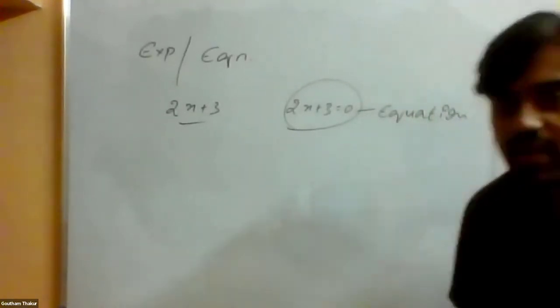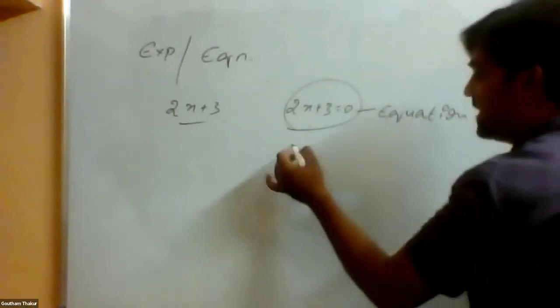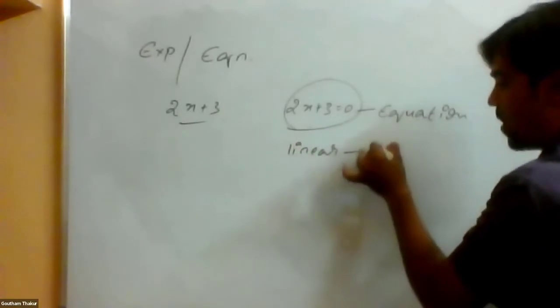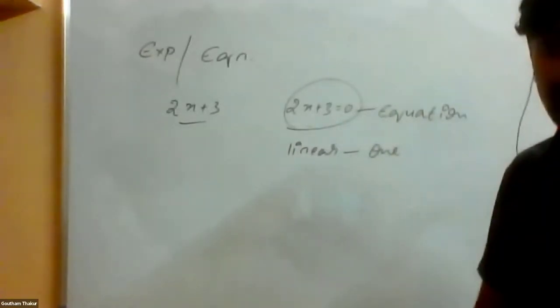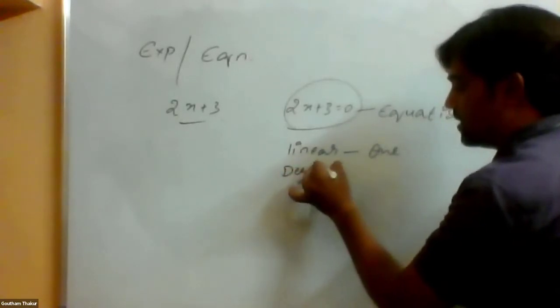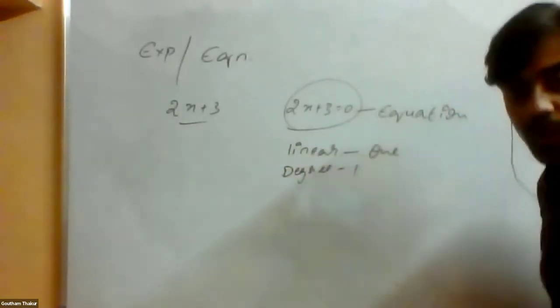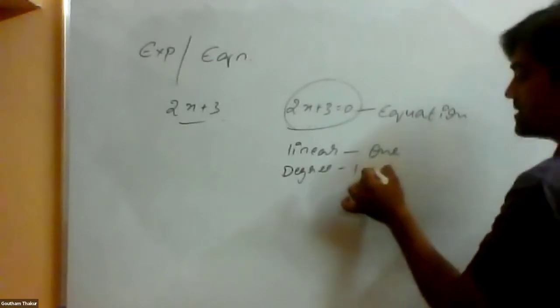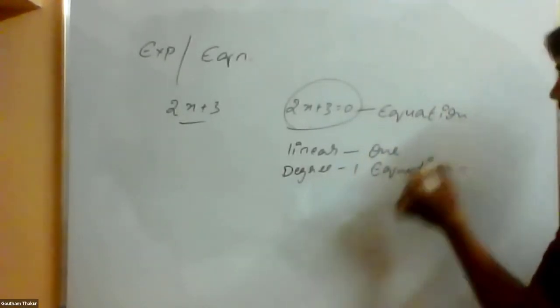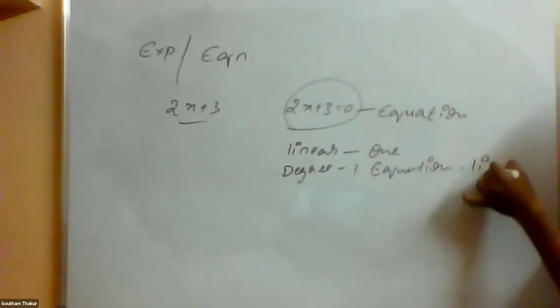Linear equations. Very good. In the term itself, we have linear. The degree is 1. If the degree is 1, then we call such an equation a linear equation.